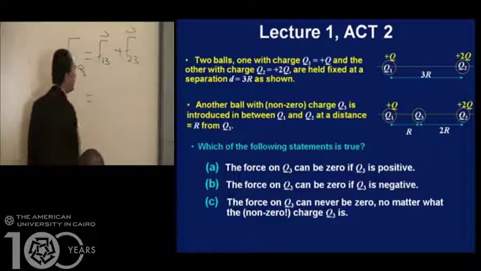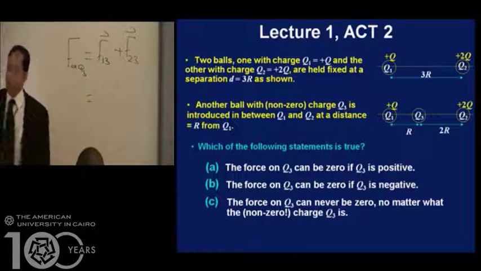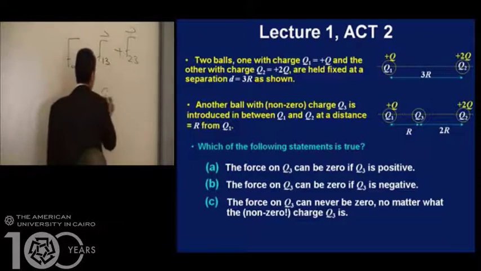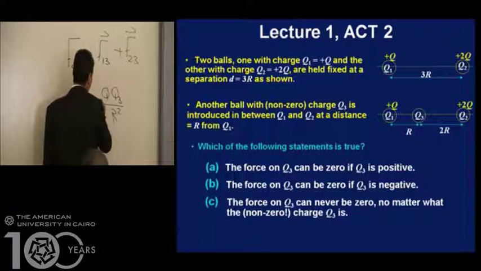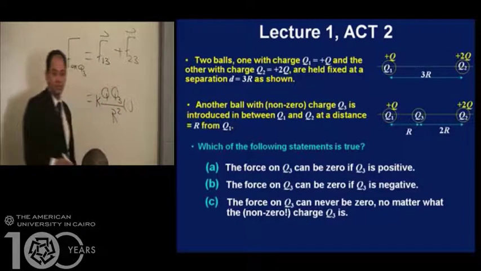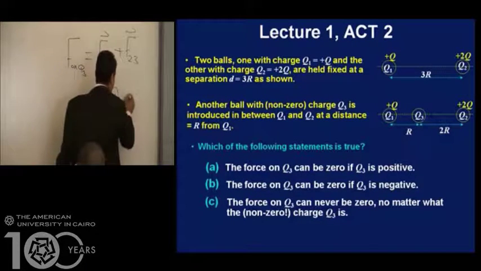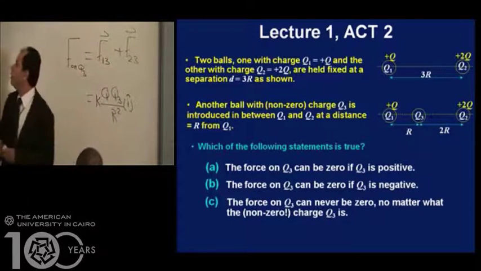So what is the force from Q1 on Q3? It's Q1 Q3 divided by R squared. Okay. In what direction? I. Why is it I? In the positive direction.